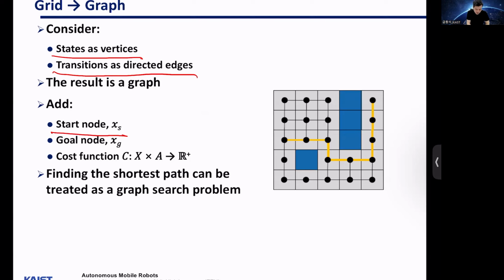The starting node would be XS, the goal node would be XG, and there is a cost function C. Now the problem is to find the shortest path from start to goal using a graph search algorithm.